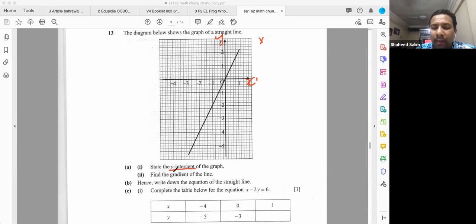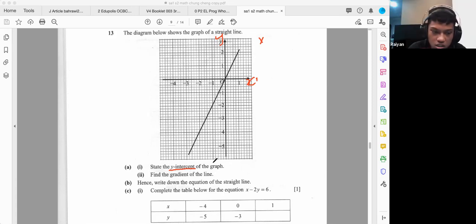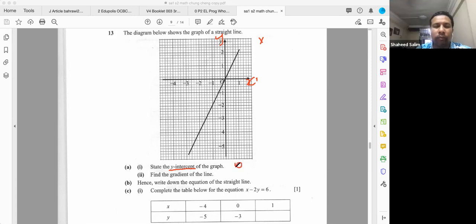Now, y-intercept is when the graph cuts the y-axis. In this case, Ryan, what number on the y-axis does this graph cut the y-axis? 0. So your answer for down here is 0. Now remember, in your linear equation, you might have something like this.